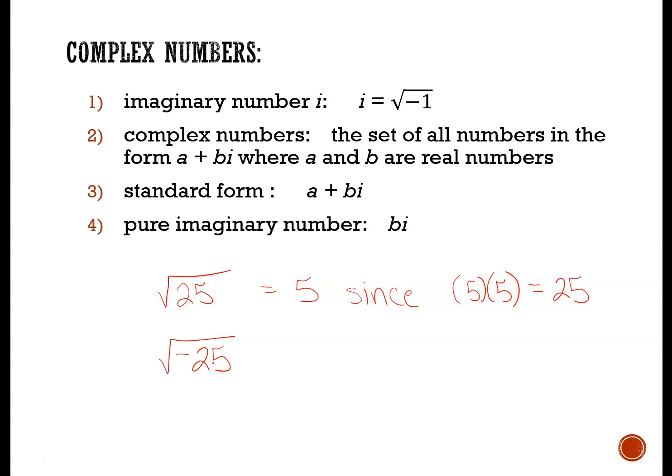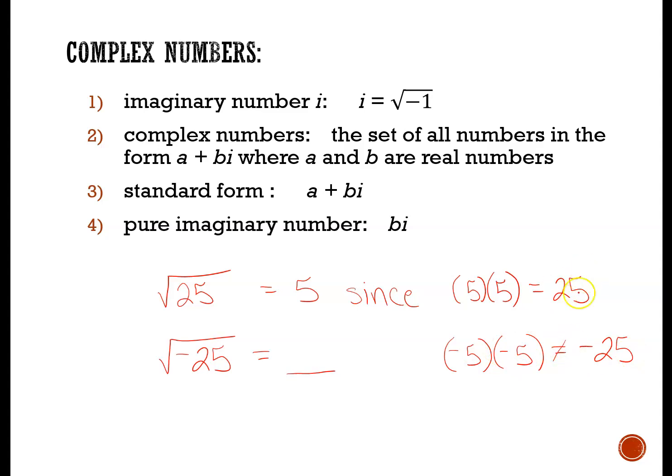What if we had the square root of -25? So we're trying to figure out what the answer to that is. Well, it would have to be a number that when we multiply it times itself is going to equal -25. However, even if we put -5's in here and we multiplied them together, it is not going to equal -25.